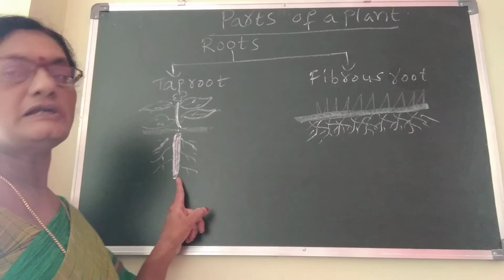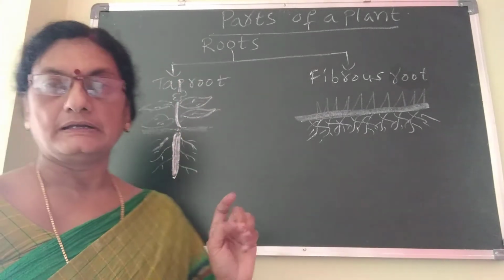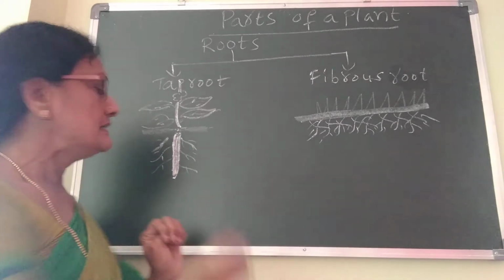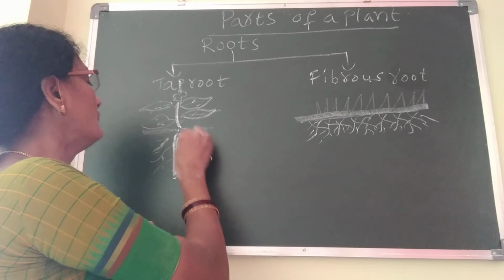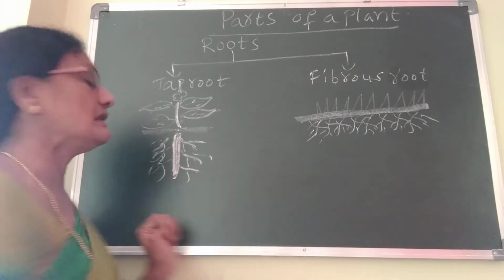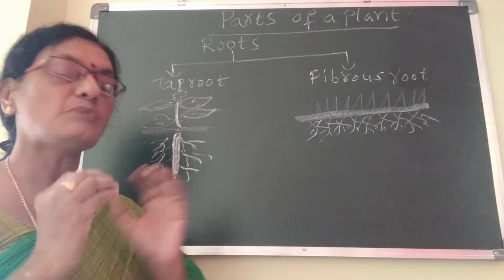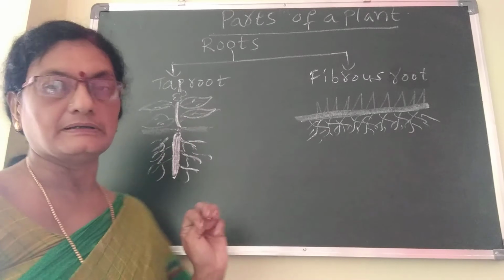This main root is called taproot. And several small roots grow from this main root only.